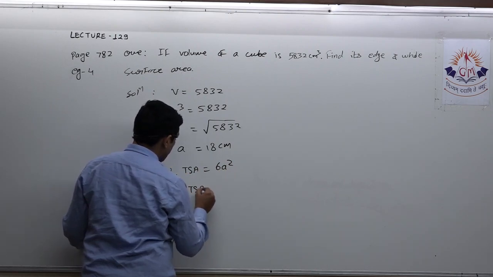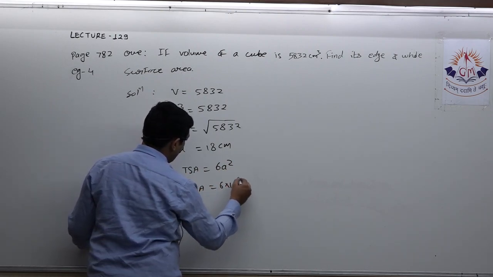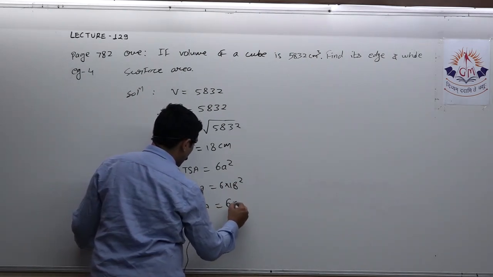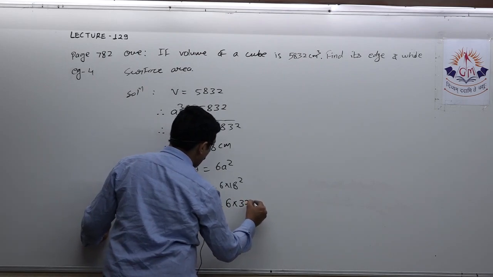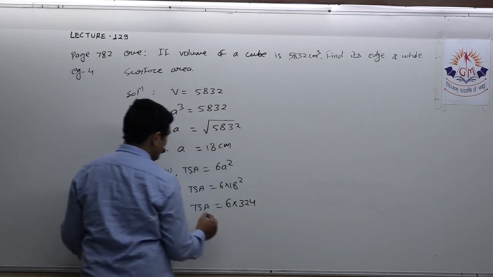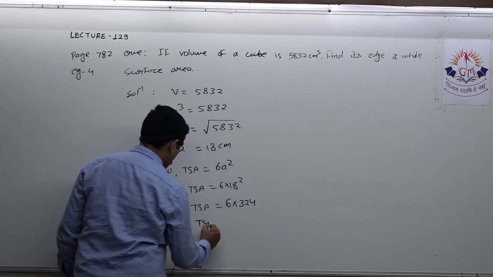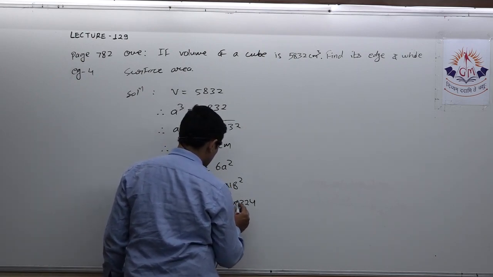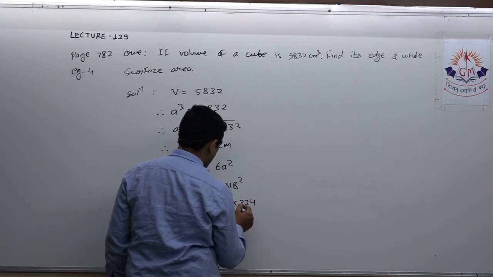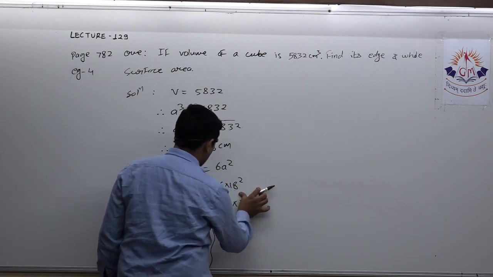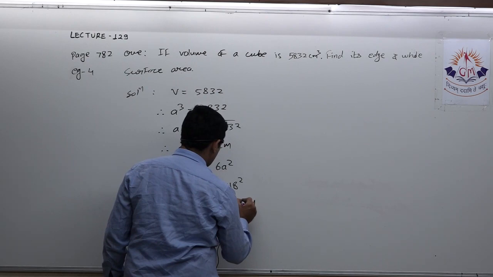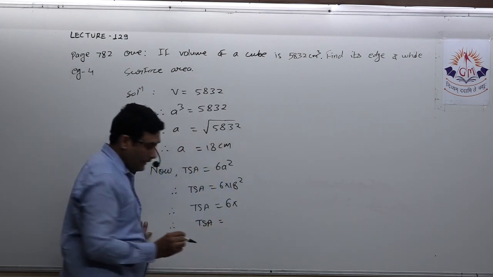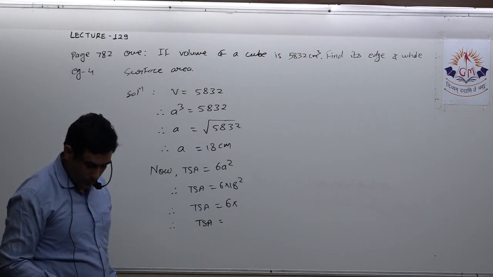Therefore TSA is equal to 6 into 18 square. Therefore TSA is equal to 6 multiplied by 324, since 18 square is 324.